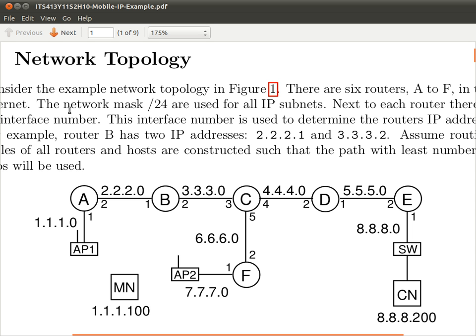The source address is the special case all 0 address, because my mobile node doesn't have an IP address yet on this subnet. It has a home IP address from the 111.0 subnet, but on this new subnet, it doesn't have an IP address. So it needs to get an IP address. So to discover the router, it sends an IP datagram with a special source address of all 0s.